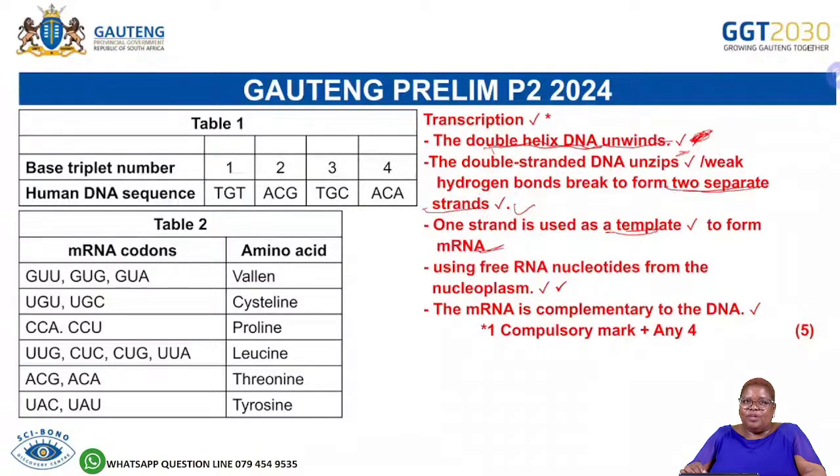Remember, with transcription, that's when we see the formation of mRNA, right? One strand is used as a template to form mRNA using free RNA nucleotides. This is very, very important. We need to see this. Using free nucleotides from the nucleoplasm. Can you see that? The mRNA is complementary to what? To the DNA.